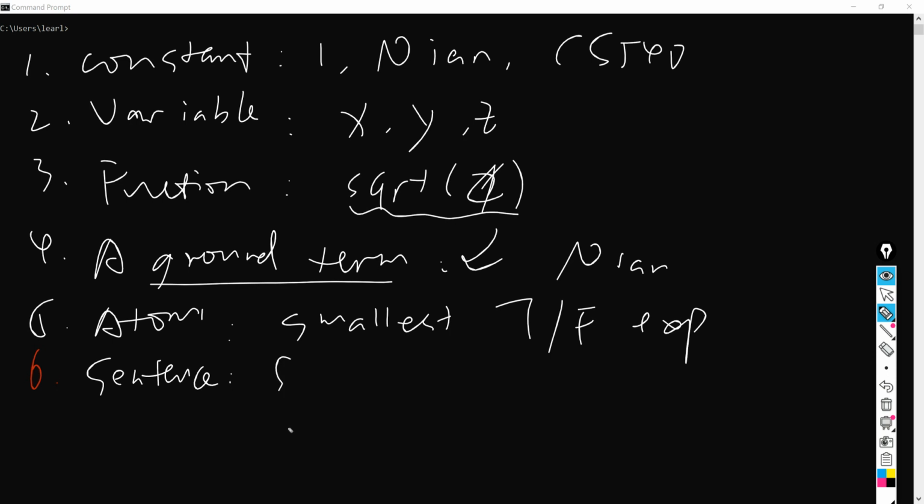A sentence has two things. One is connectives. Connectives are the signs that we mentioned in the last tutorial. It can be not, and, or a lot of other stuff like this.